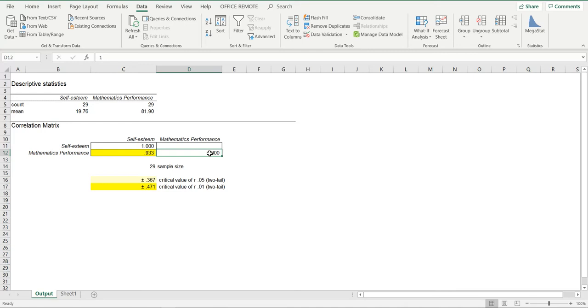So in this case, the Pearson r of the mathematics performance and the self-esteem is 0.933.